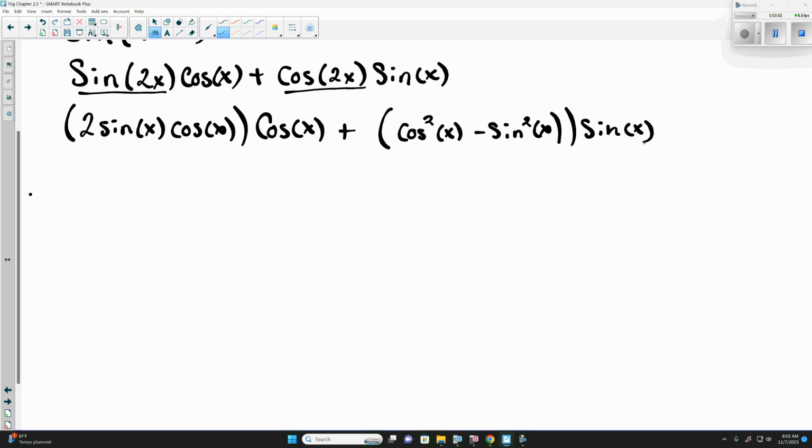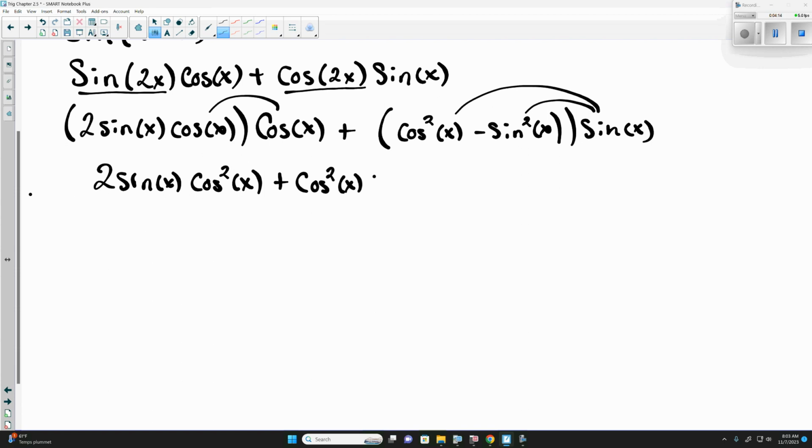Questions on this here? Now at this point here, we can distribute our cosine here, telling us that we have 2 sine of x cosine squared of x plus. Here we can distribute the sine.